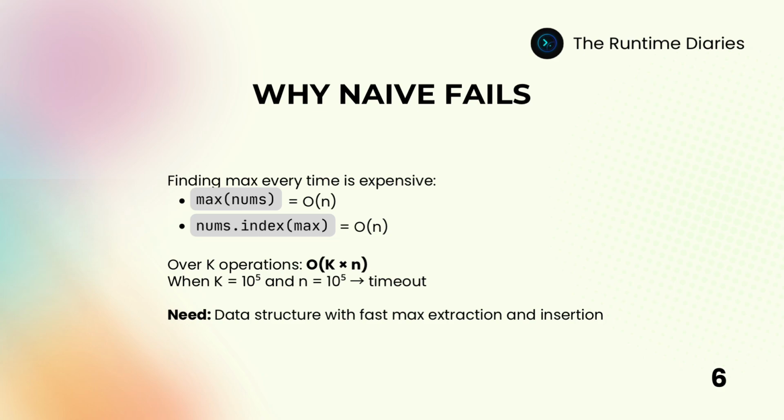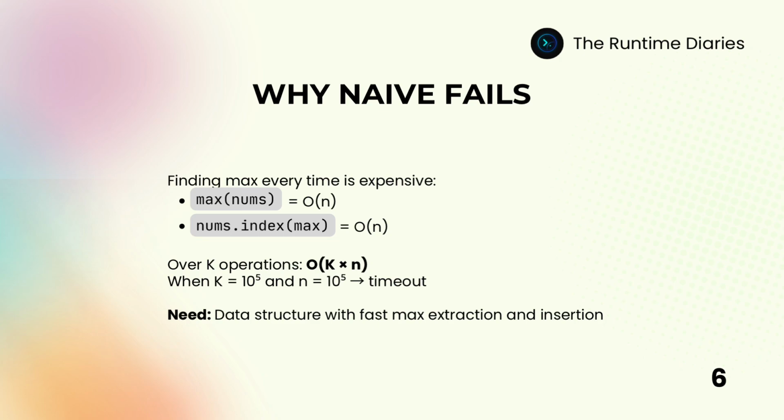So every operation costs O of n time, and you're doing it k times. That's a total of O of k times n. When k and n are both on the order of 10 to the 5th, which is a common constraint in medium LeetCode problems, your algorithm attempts 10 to the 10th operations. That's 10 billion, way beyond any reasonable time limit.